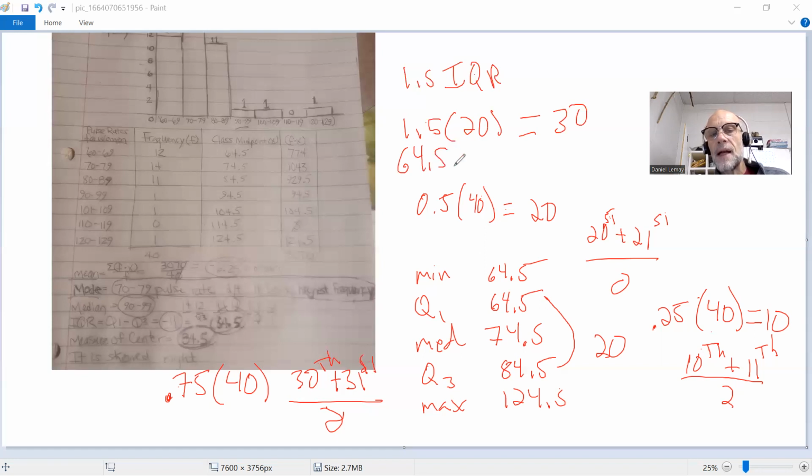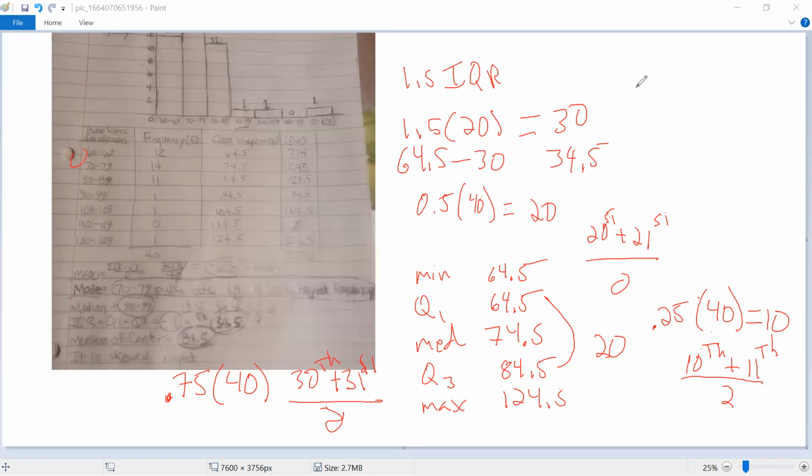Then we take the lower quartile of 64.5 and subtract 30. That gives me a lower fence of 34.5. I don't have any numbers less than that. The lowest in the bin is 60, so no bottom side outliers. To get the upper outliers, I'm going to take the upper quartile, which was 84.5, and add 1.5 times the IQR, which is the 30.